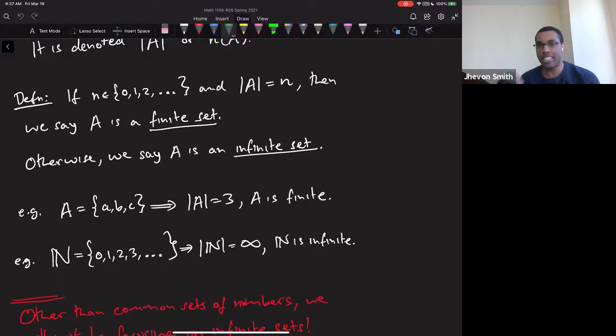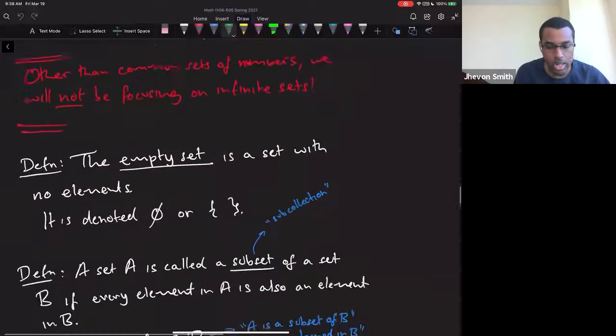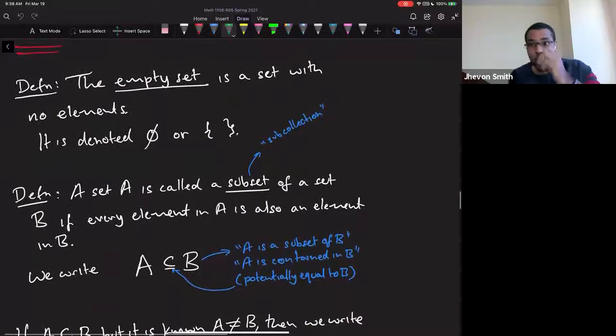Once you can state an integer number of things, we call it a finite set. If you can't do that, you say it's an infinite set. You can't state how many things are in there with some non-negative integer. So the size is just how many things are in there. That's called the cardinality. The empty set is a set with cardinality 0. It has no elements in it.